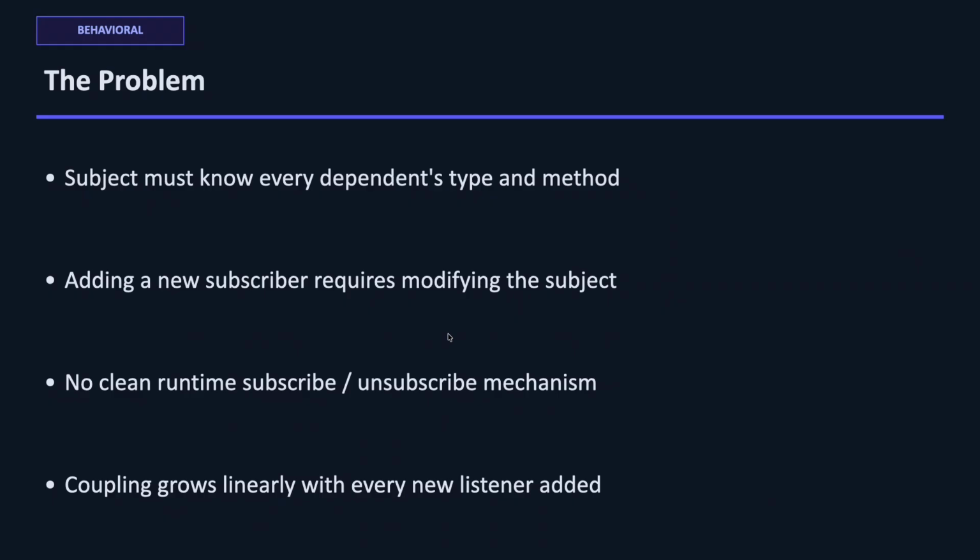This becomes increasingly difficult and too tightly coupled, so it doesn't become a dynamic list of objects. We're not able to subscribe or unsubscribe at runtime, and it ends up being something that has to be hard-coded beforehand.